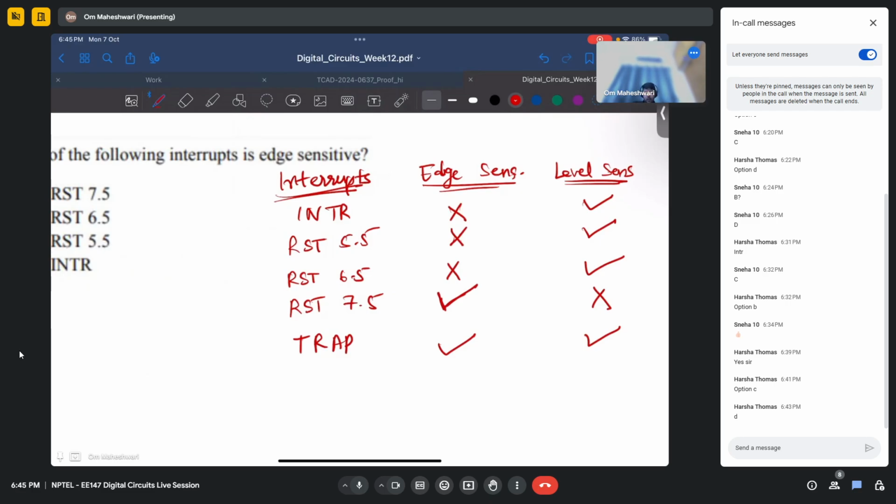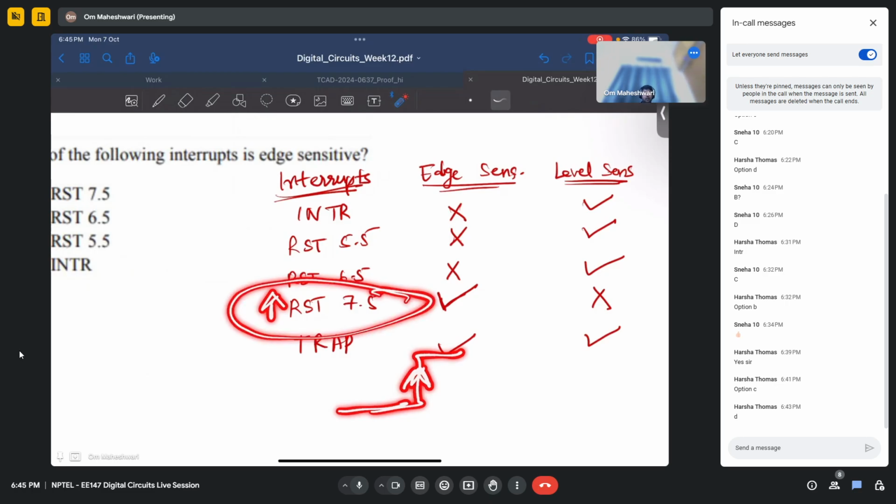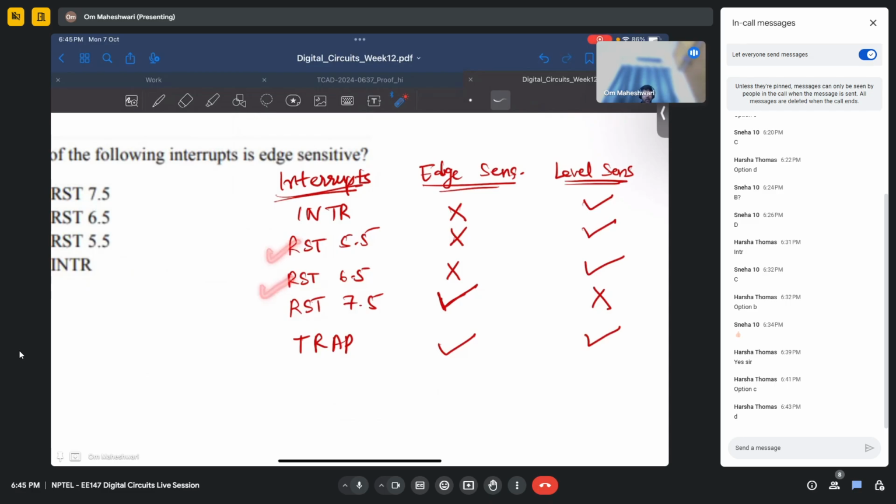So what does this sensitivity mean? If a signal is edge sensitive and you just give it high at the start of the clock, then this interrupt will be registered by your program. Whereas for level sensitive ones, you have to keep it high for the entire time period.